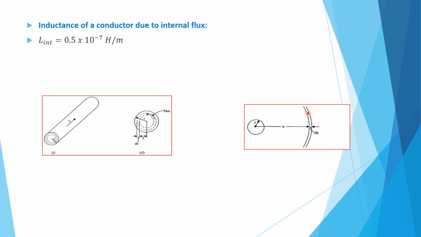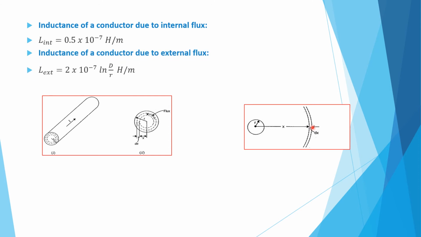This is a small section of the flux lines, and the distance is dx, and we'll see the formula for the inductance of a conductor due to external flux. It is L ext equal to 2 into 10 to the power minus 7 natural logarithm d by r Henry per meter.